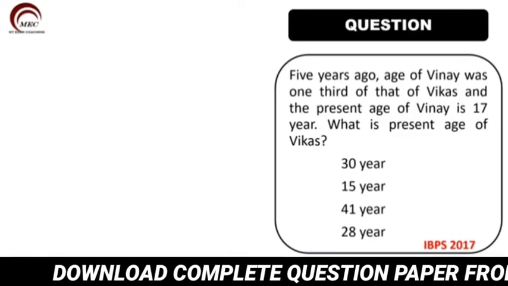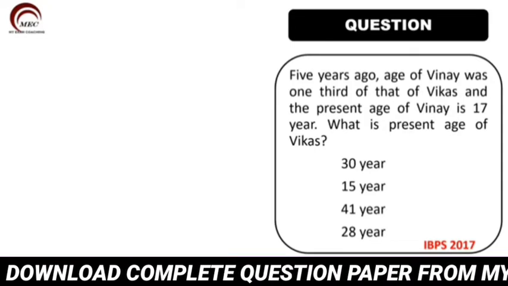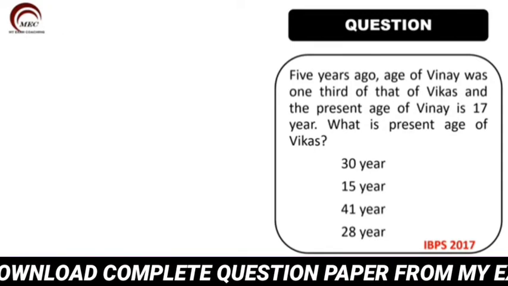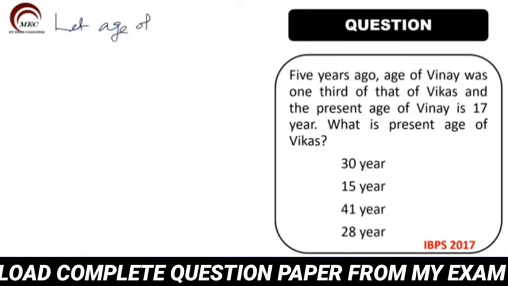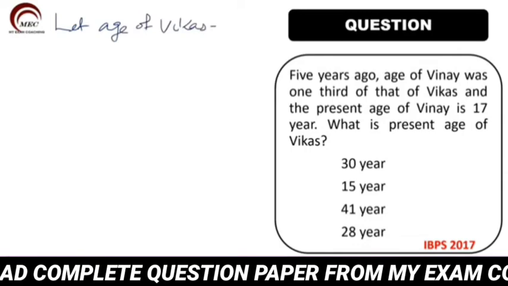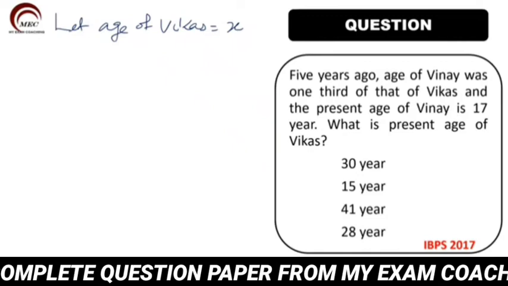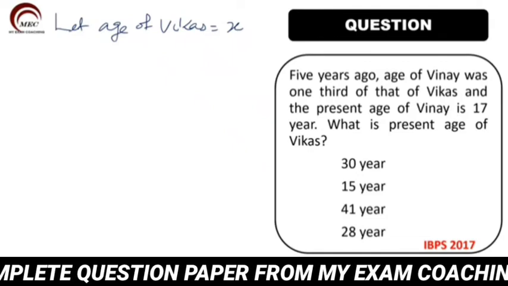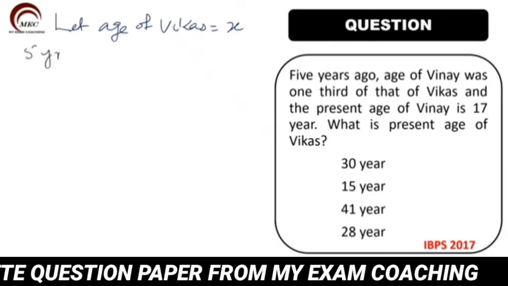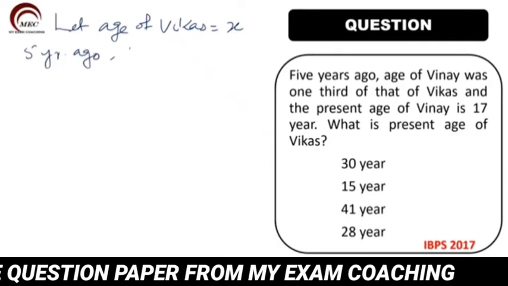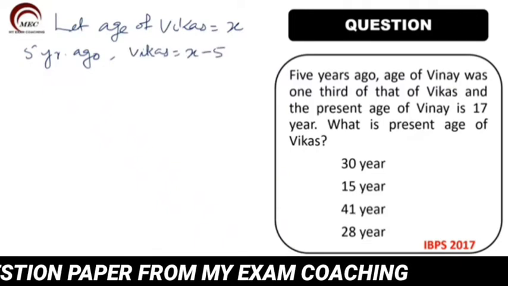5 years ago, the age of Vinay was 1/3 of that of Vikas. So let us take the present age of Vikas as X. 5 years ago, Vinay was 1/3 of Vikas' age. 5 years ago, Vikas will be X minus 5.